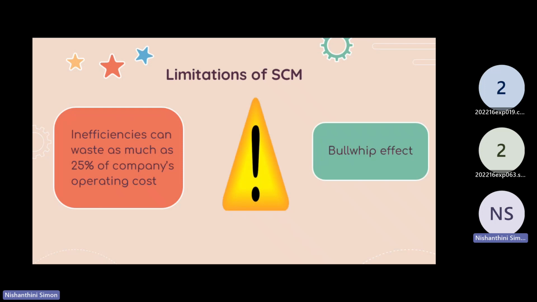So how does this bullwhip, or these waves, get connected with the supply chain? So here's the slide.